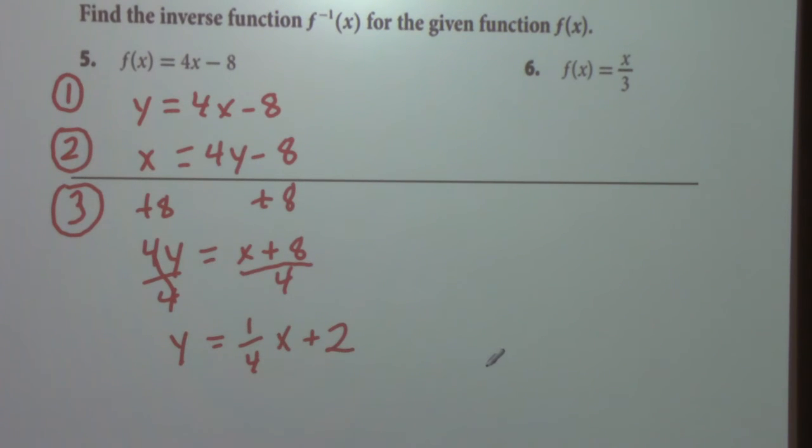Does that look right? And then the last step is what? Replace y with f inverse. Okay, we're going to put this back in inverse function notation. So f negative 1 of x is equal to 1/4 x plus 2. Okay?